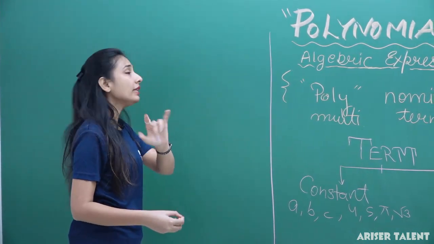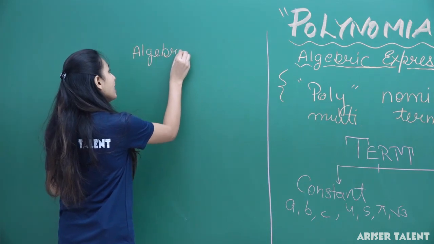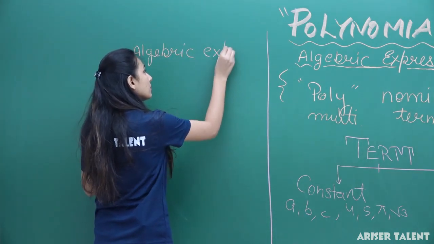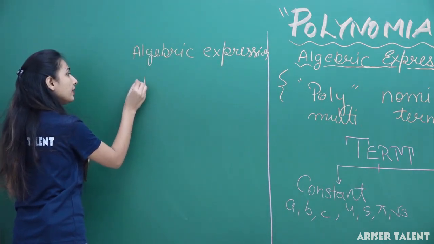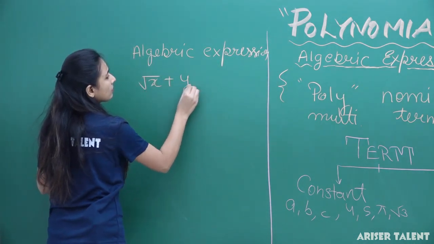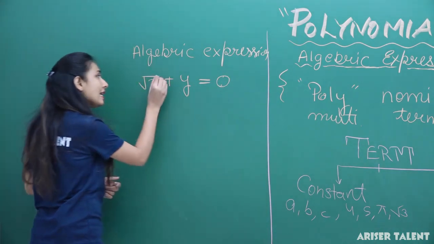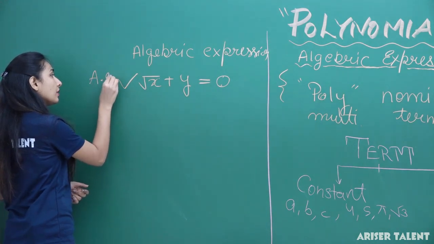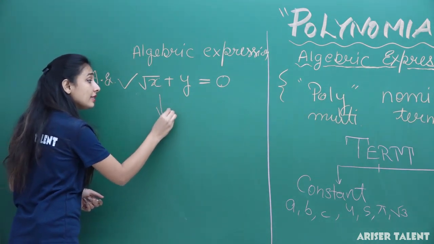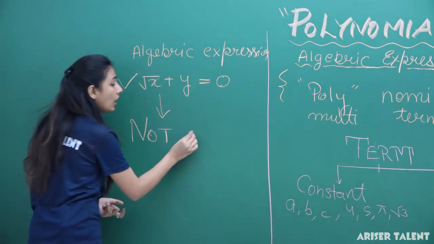If I talk about only algebraic expression, I can tell you that this particular thing is what? Algebraic expression. This is an algebraic expression. This is an algebraic expression. But this is not a polynomial.